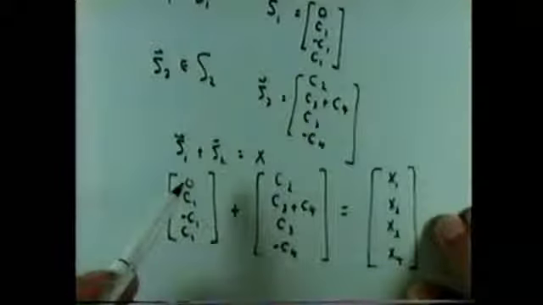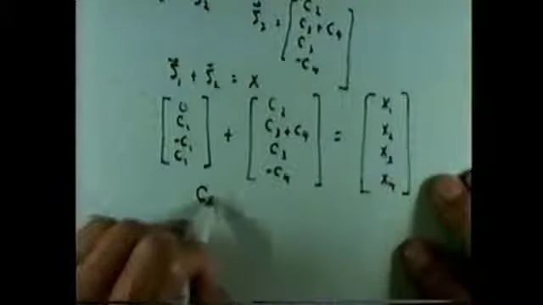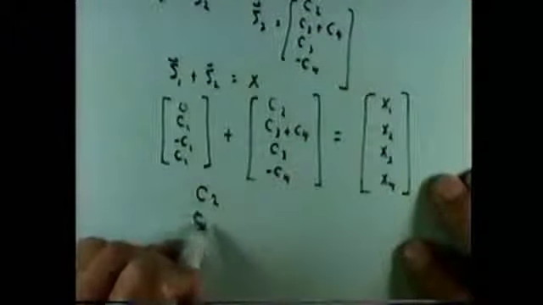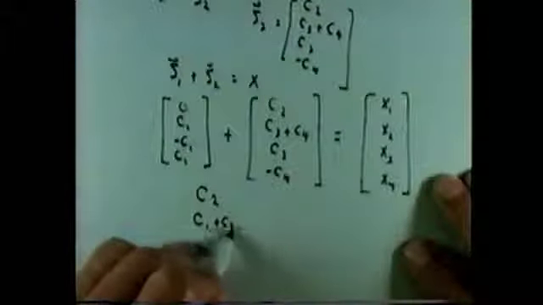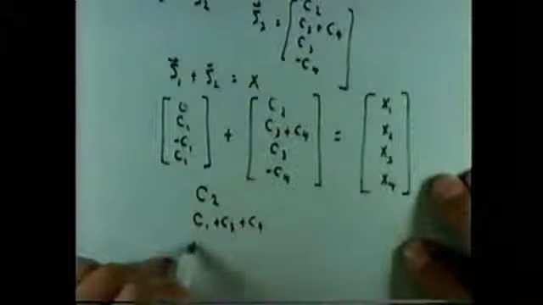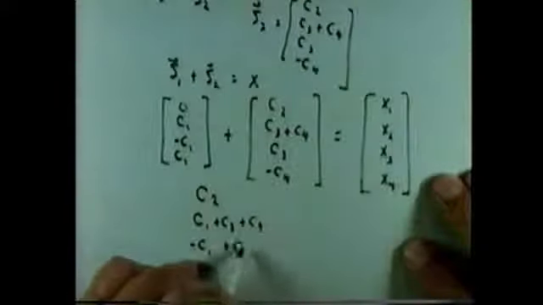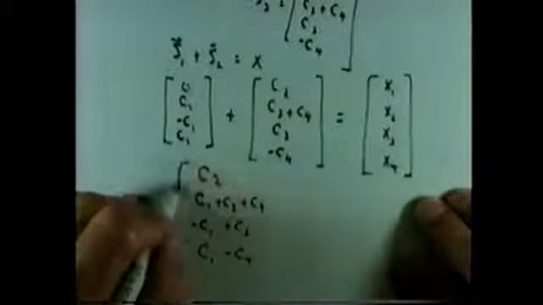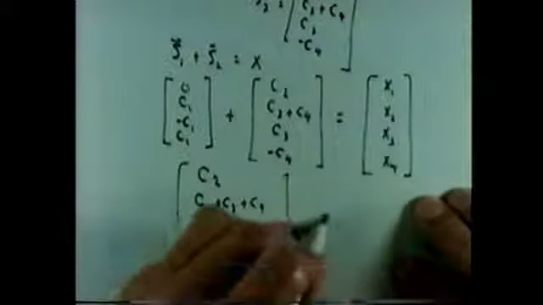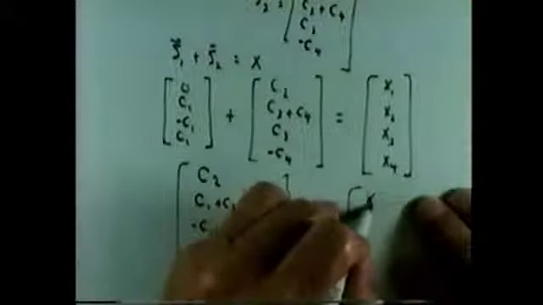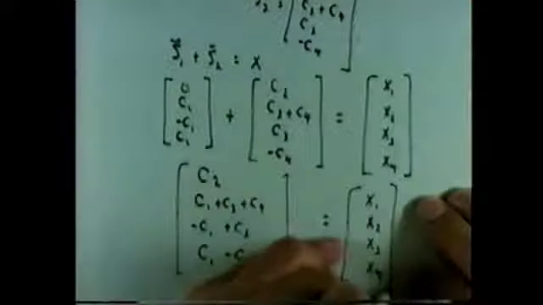So S1 comes from set 1, S2 comes from set 2, X comes from 4 space. Well, this is going to give me C2, C1 plus C3 plus C4, a negative C1 plus C3, C1 minus C4 is equal to X1, X2, X3, X4.